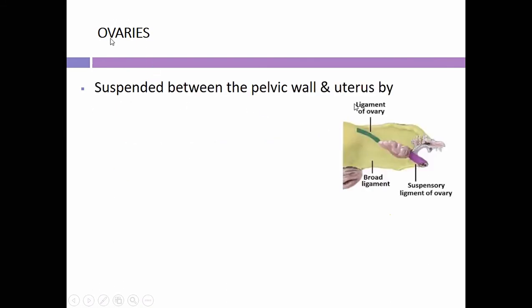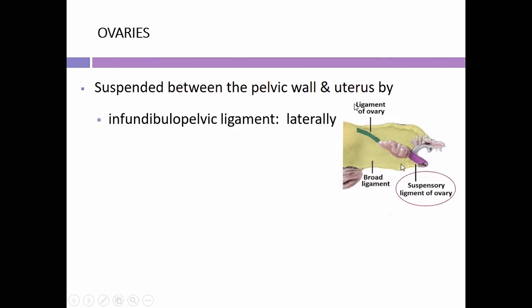So the ovary, of course, along with the uterus, is also supported by ligaments. The ovary is suspended in the pelvic wall and uterus. Laterally, you have the suspensory ligament, then medially the ovarian ligament.